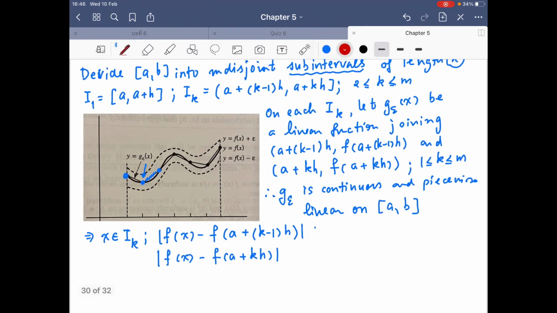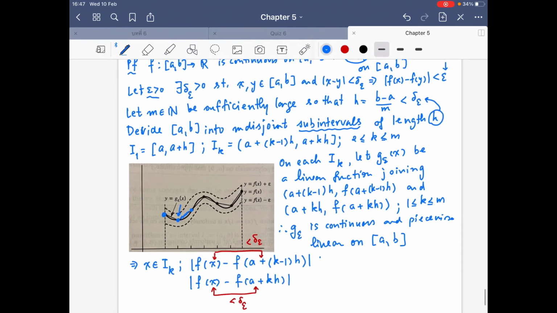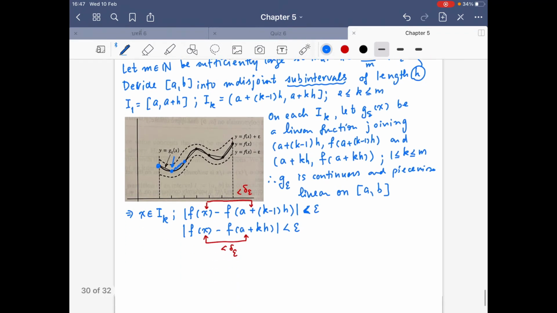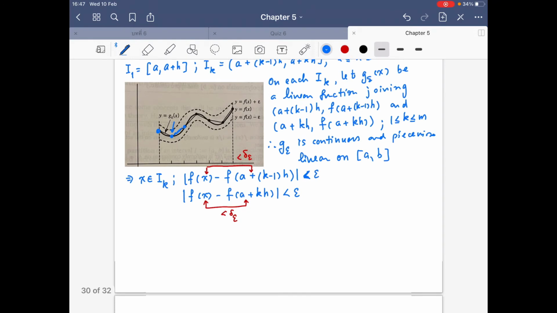Again, here your x is inside the interval, so the distance among these two inputs will be less than delta. So at the beginning, if two inputs have distance less than delta, the output will always be less than epsilon. Let me just put it as epsilon first, but later on we may adjust it.